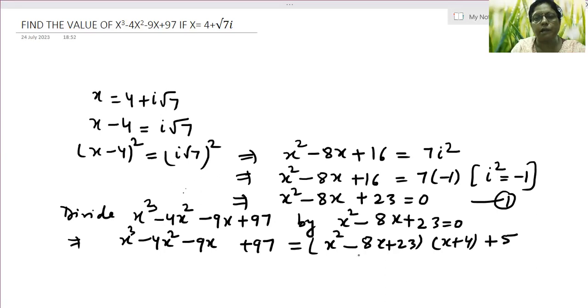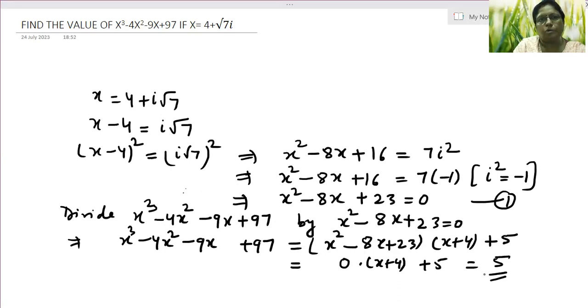Now what is its value? x square minus 8x plus 23 is 0. So 0 into x plus 4, plus 5 will give its value 5. So the value of x cube minus 4x square minus 9x plus 97 is 5.